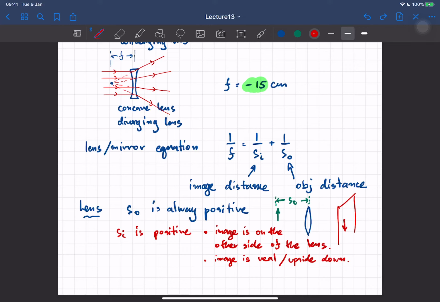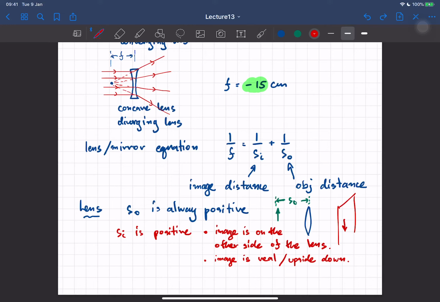And when the image is real, it's always gonna be upside down. So you can think about the projector in the classroom again. The image that you see on the large screen is not upside down, right? Because otherwise it's gonna be really hard to teach and to learn that way.